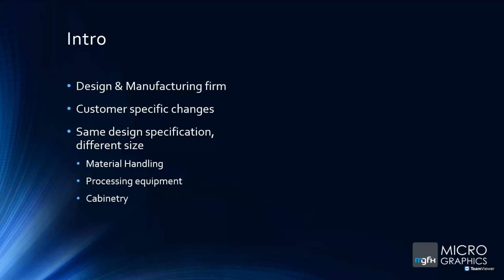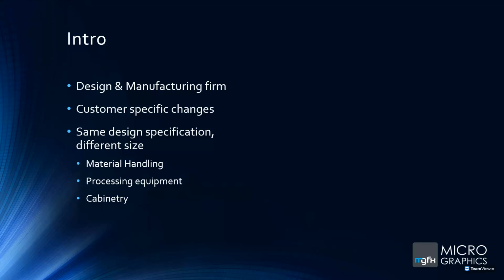So having a look at our intro, I'm going to cover this basically like a scenario here. You're a design and manufacturing firm and you produce machinery that is tailored to suit a customer, but your machinery can be reused for various different customers.